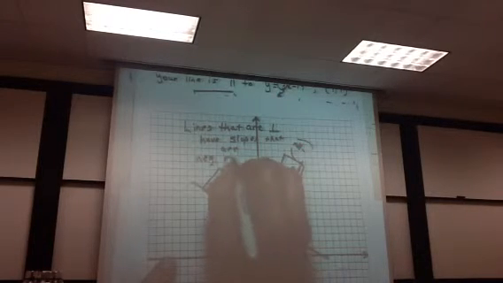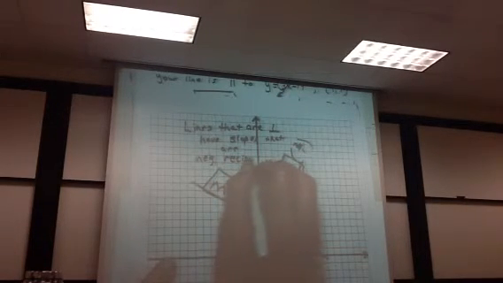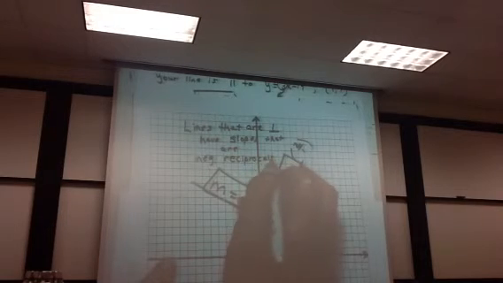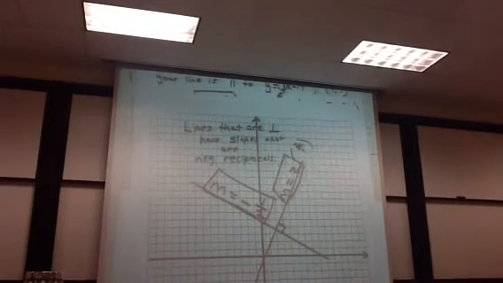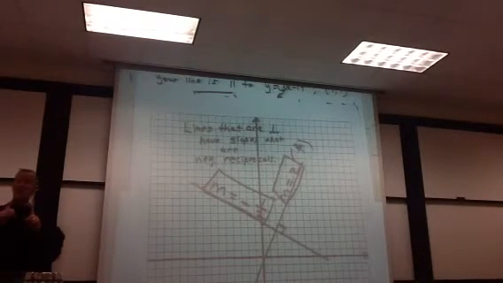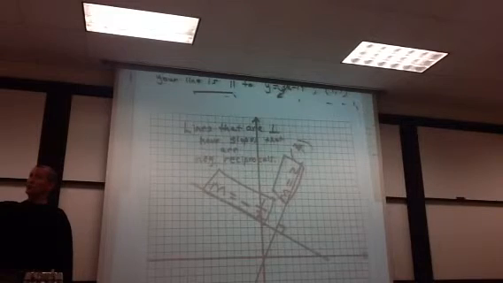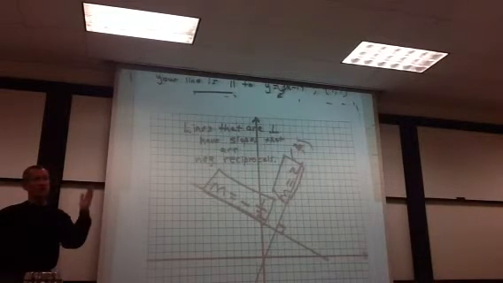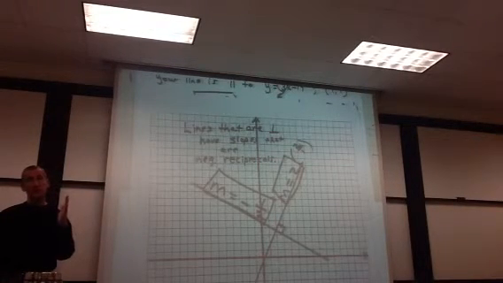In other words, you change the sign and turn it upside down. Lines that are perpendicular have slopes that are negative reciprocals. And what that means is, if I give you a slope, you can give me the slope of the line that's perpendicular to that one, right?